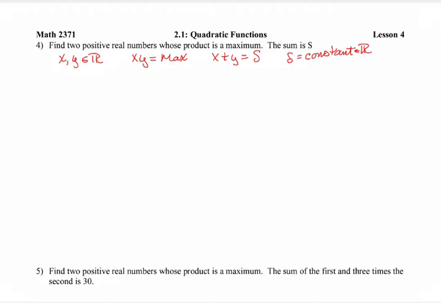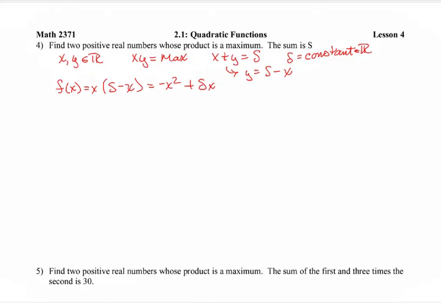All right? Now, since x plus y equals s, we know that y equals s minus x. So then we're going to have the function f of x equals x times s minus x, which means that we have minus x squared plus sx.